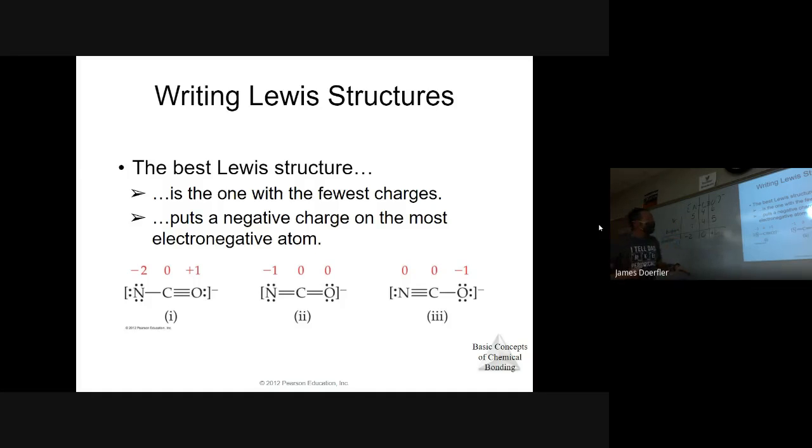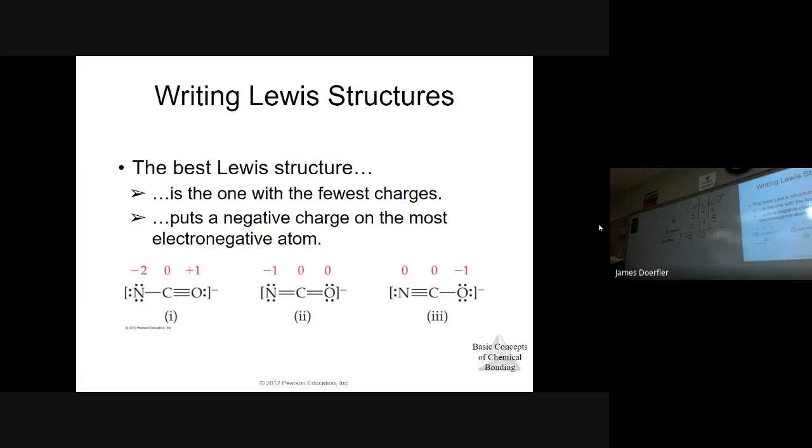Okay. So now that we kind of understand the process and we know what these values now kind of mean, we need to pick which of these 3 Lewis structures would actually be the best Lewis structure. Okay? So let's look at the first bullet point. It would be the one with the fewest charges.